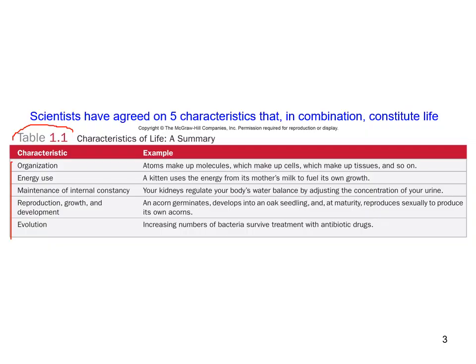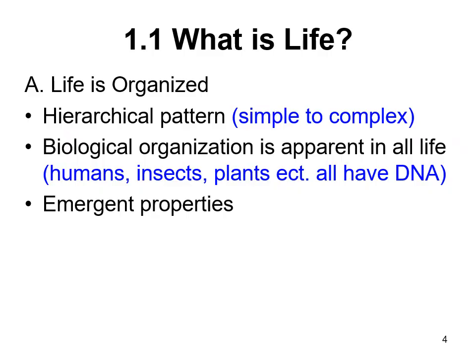So our first characteristic is that if something is alive, there should be some type of organization within it. An organization often pertains to the fact that there is a hierarchical pattern, a way to break the organism down into smaller pieces, or you can think about it as starting off very small and building upon it.